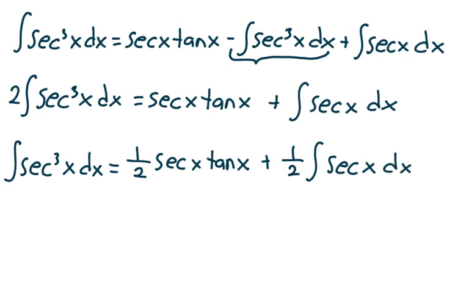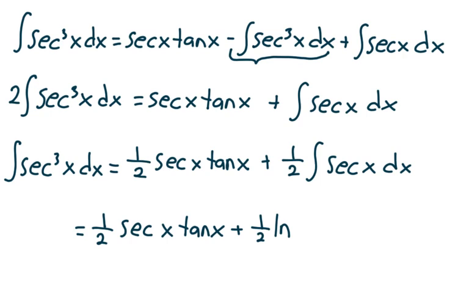And I'm just about done. So this is 1/2 secant x tangent x plus 1/2 natural log of secant x plus tangent x plus c.